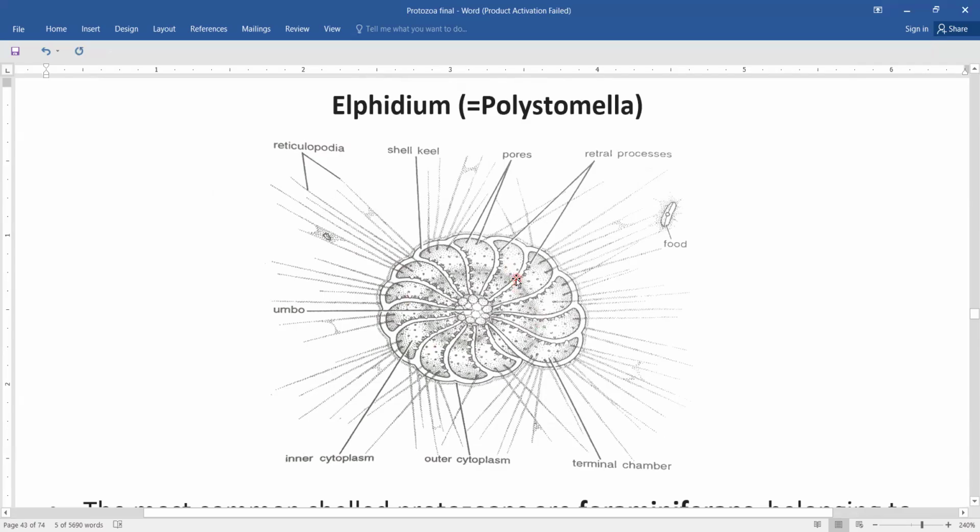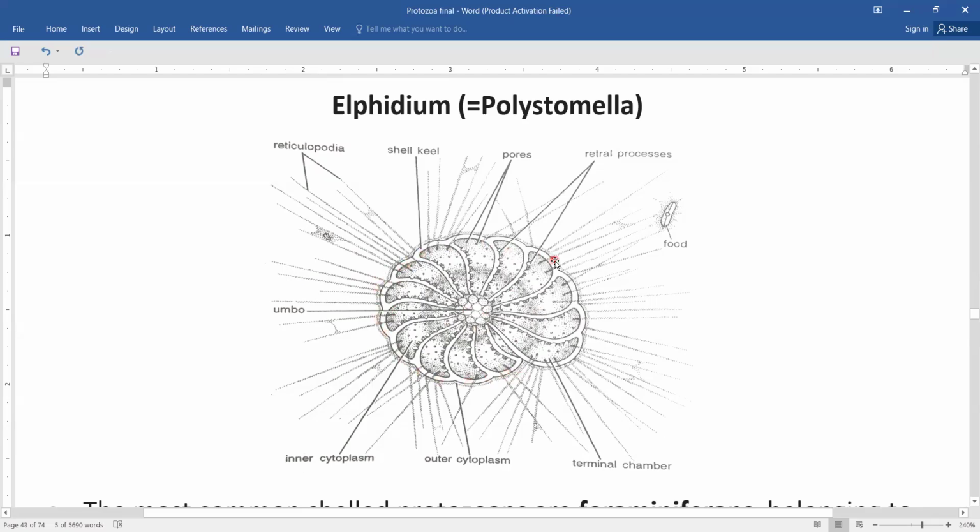Actually, just like amoeba, entamoeba, and paramecium, the actual animal we cannot see in the diagram. The animal is nothing but its cytoplasm. The cytoplasm is covered by this calcium carbonate shell.